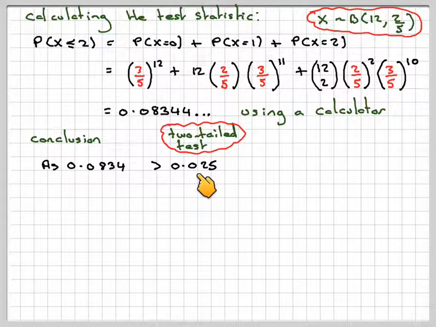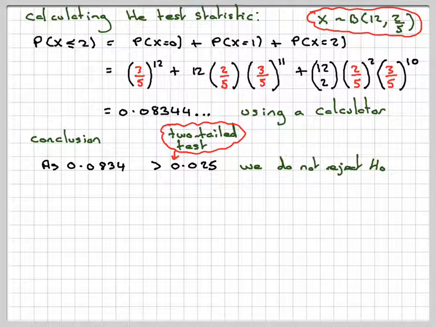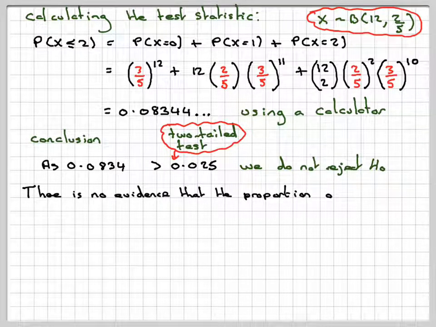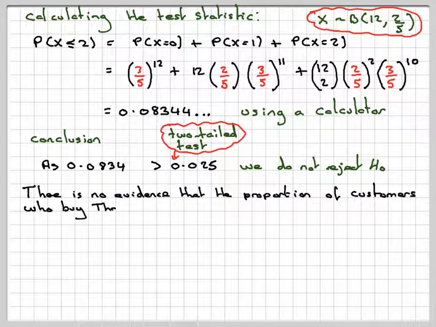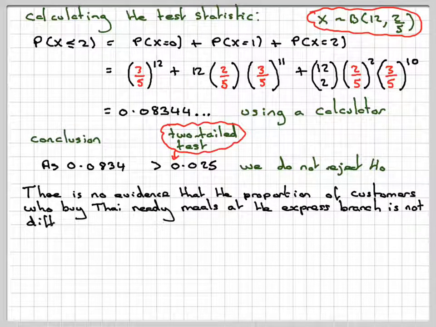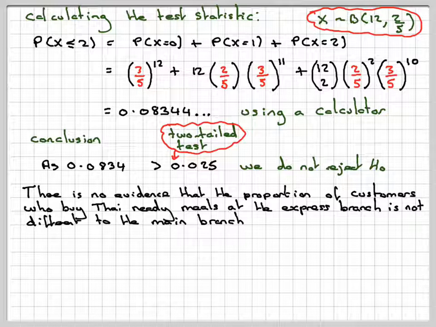Now this value is bigger than this, therefore we do not reject H0, and there is no evidence that the proportion of customers who buy a Thai ready meal at the express branch is different to the main branch.